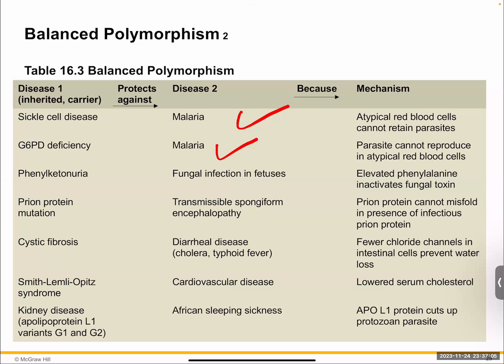Prion protein mutation is something we talked about before. If you are a carrier, it protects you against transmissible spongiform encephalopathy, which is a brain condition, so again, affecting your nervous system. If you're a carrier of cystic fibrosis, you are less likely to have diarrhea associated with cholera.